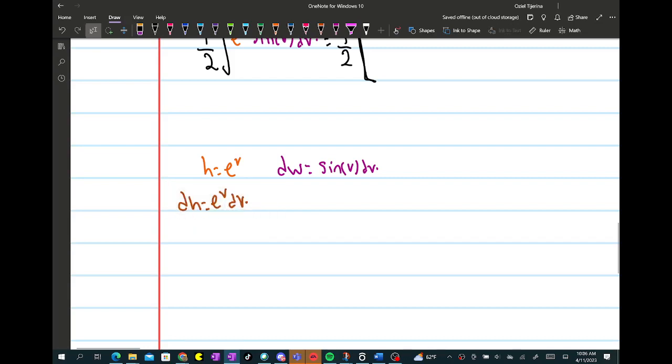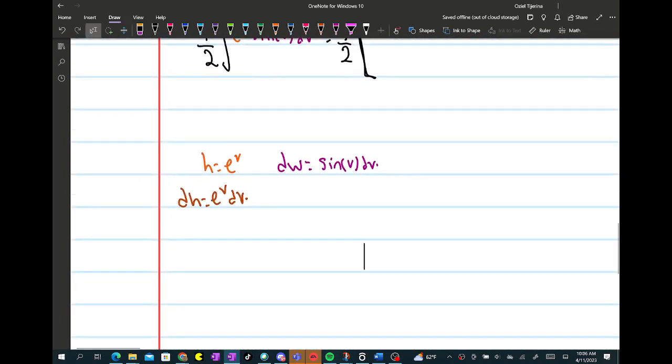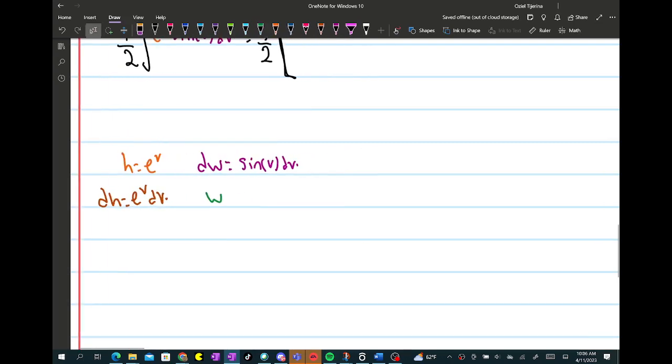And then w itself is going to be the integral of sine of v. So we know that the integral of sine of v is really going to be negative cosine of v. So w is going to be negative cosine of v.